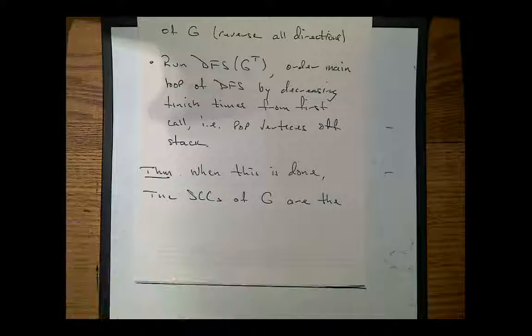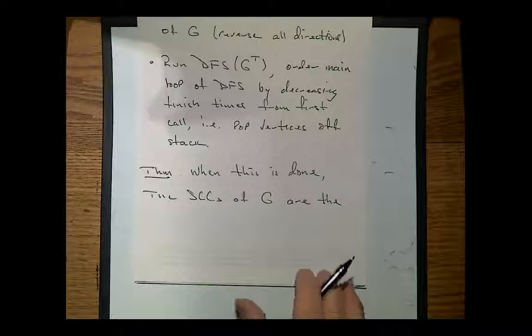In other words, after you run the second call, you get a bunch of trees in the forest. Those groups of vertices form the strongly connected components of G.